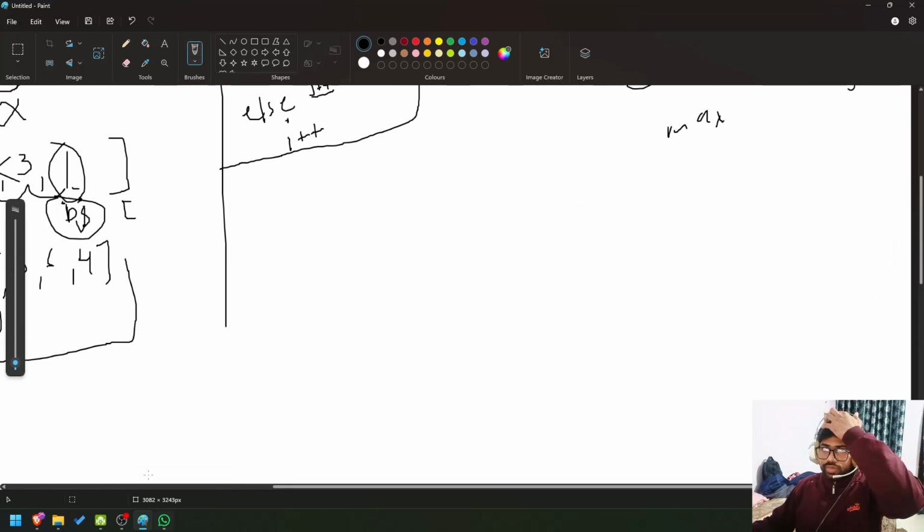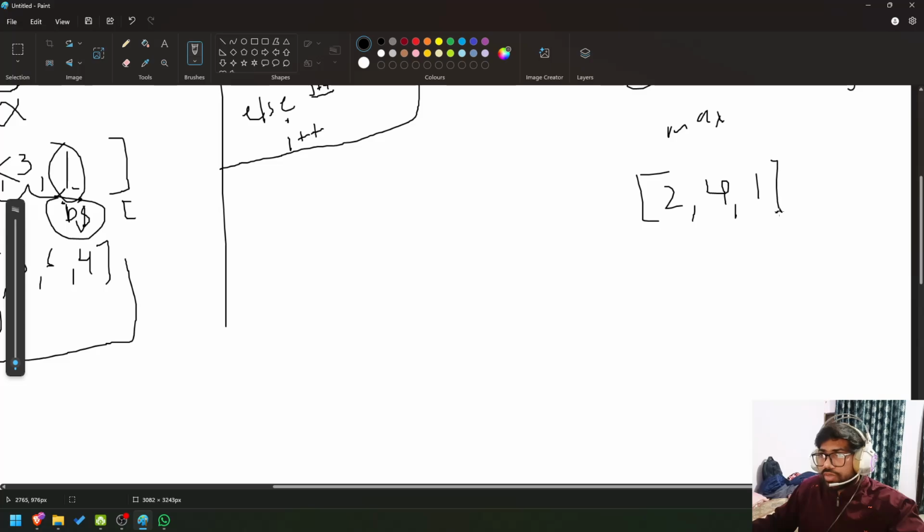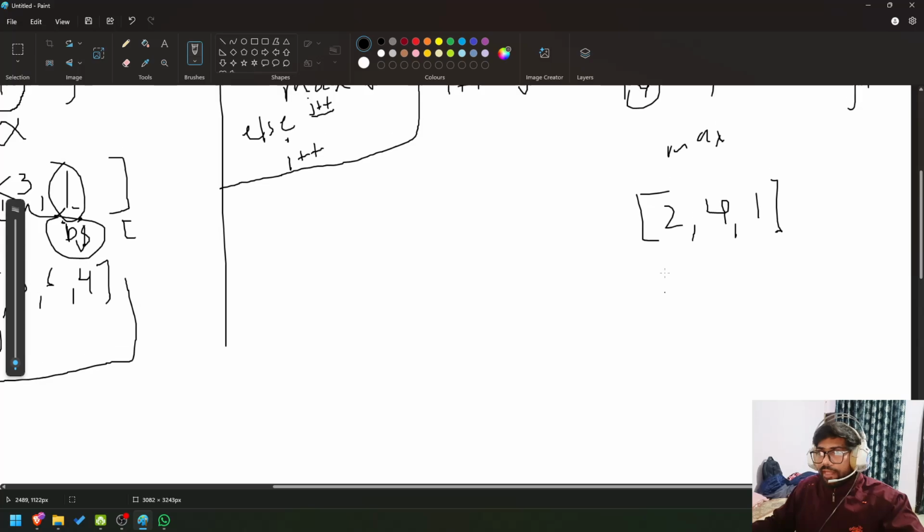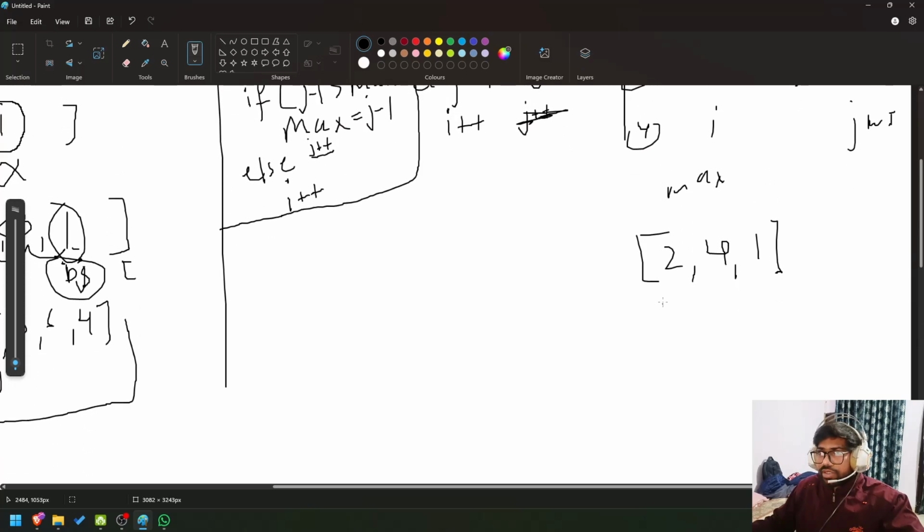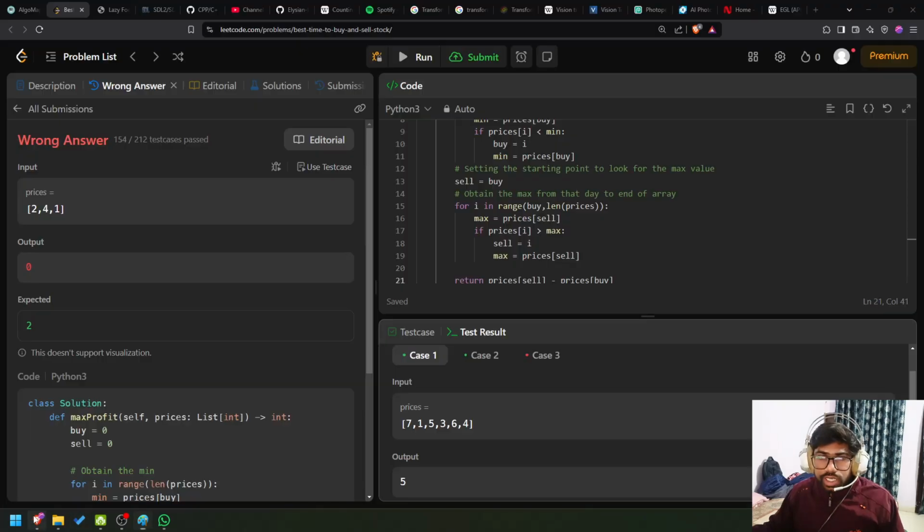Okay, so now I want to tackle this problem: 2, 4 and 1. Okay, so we'll put I here, J here. I'd start both at 0. I guess it will be suitable to start in case of a single.